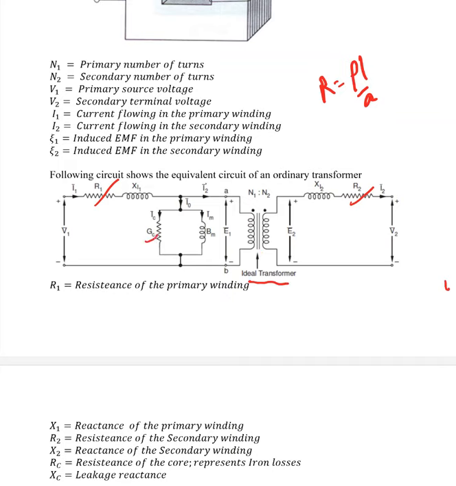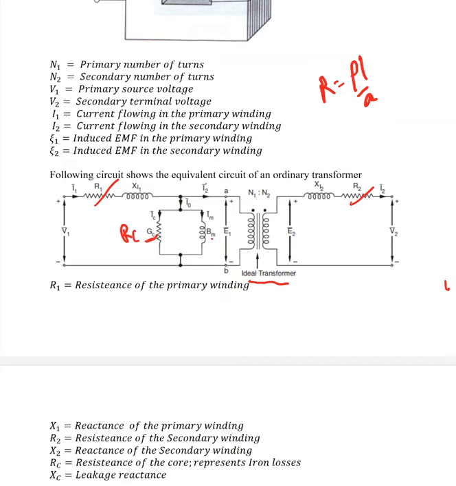This GC is also basically RC, the resistance of the core. G is called conductance. Sometimes we indicate it with RC, sometimes with conductance. GC, it doesn't matter. Usually I'll go with RC. RC is a very big number. That's the resistance of the core.